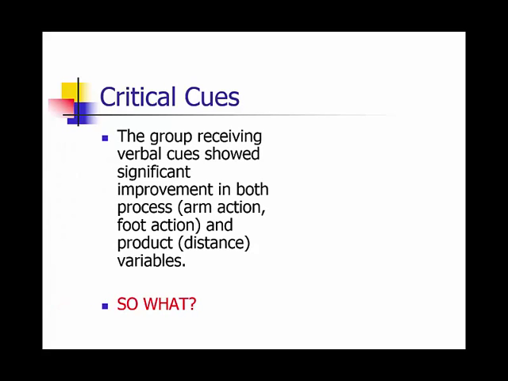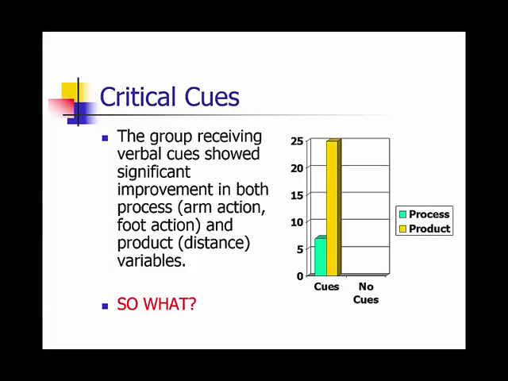So this just shows what I discussed, that the group receiving the verbal cues improved or performed better on a post-test more than the group that didn't receive the cues.